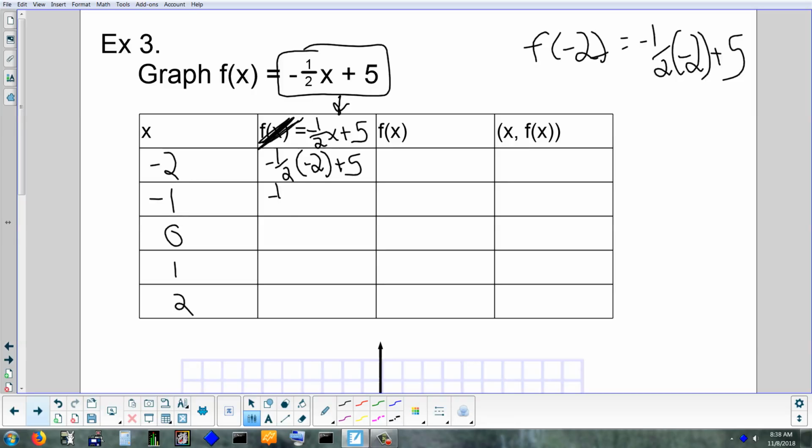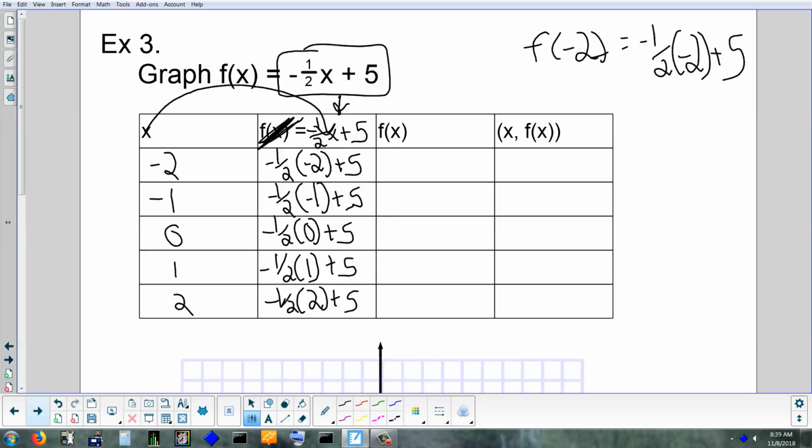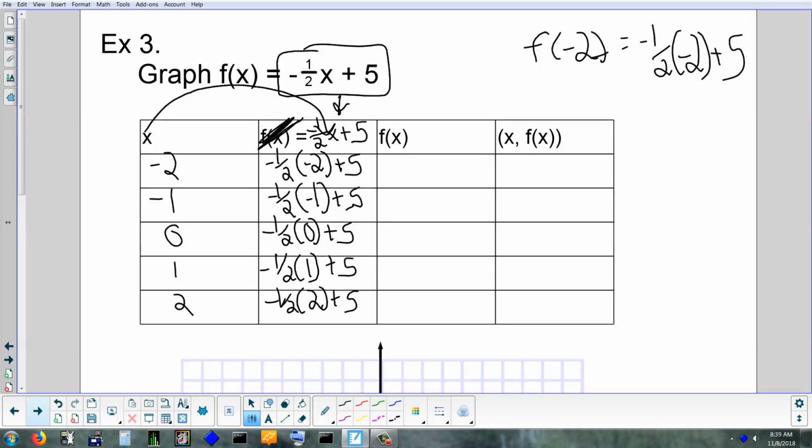My next one would be -1/2 times -1 plus 5, -1/2 times 0 plus 5, -1/2 times 1 plus 5, -1/2 times 2 plus 5. All I did was take these x values and plug them in where I saw x in the function. I haven't solved anything yet. I just set them all up.